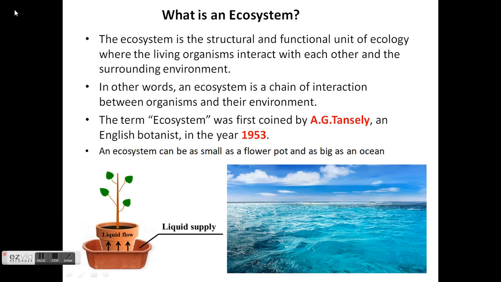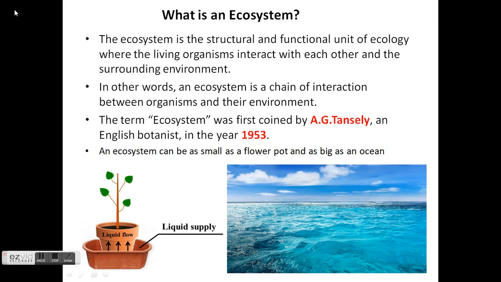Interactions start between living and non-living components, plus insects, plants and other plants. So basically it is a small system with interaction between living and non-living components, and automatically an ecosystem, but a very small one.